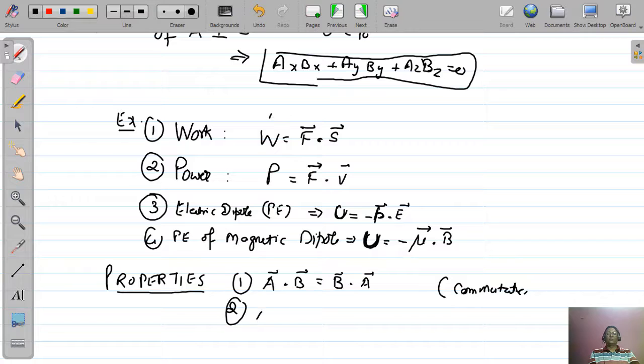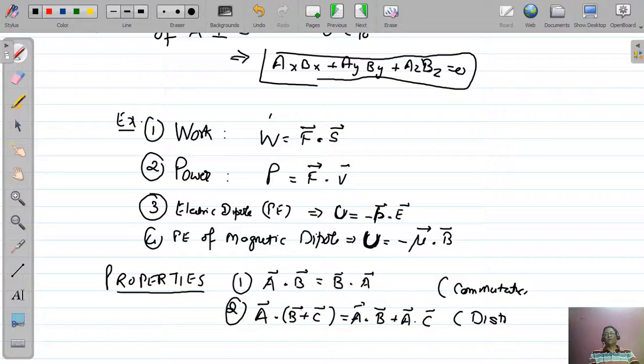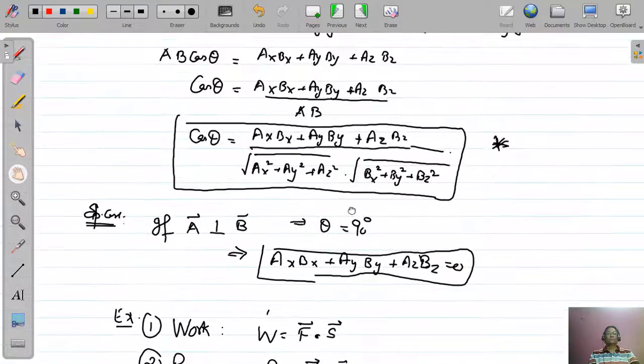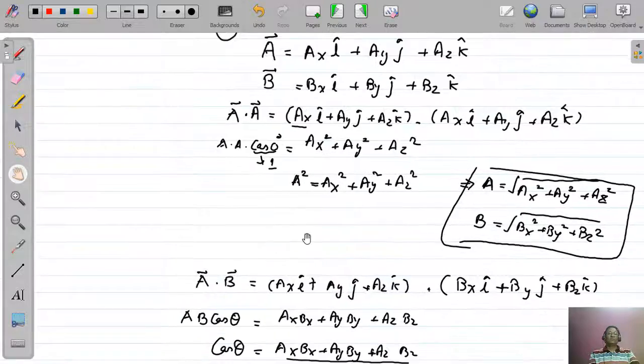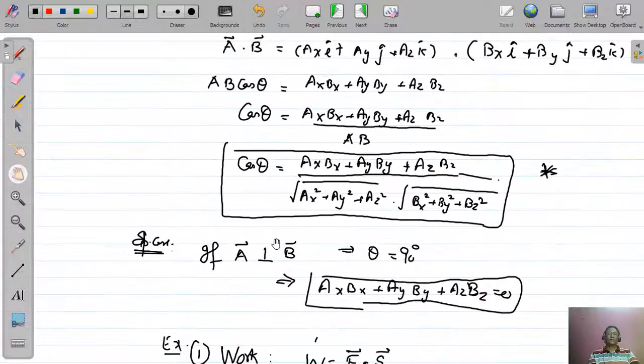Similarly, another property is vector A dot (vector B plus vector C) equals vector A dot vector B plus vector A dot vector C. This is the distributive property. With this note, we next move to the cross product of two vectors.